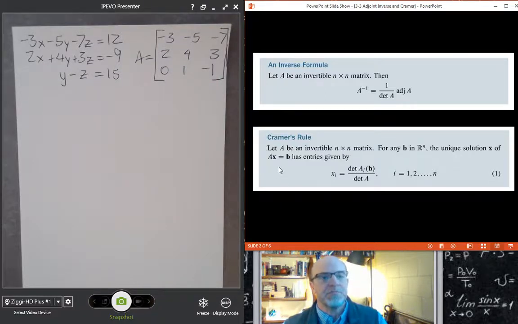And then Cramer's rule says this: if you've got matrix A that's invertible and AX equals B, then you can solve for each one of the values in the vector x, like x1, x2, x3, by replacing, and this is not obvious in the definition here on the screen, but you can calculate the value of x1, x2, x3 by replacing, for x1, replacing column 1 with B, for x2 replacing column 2 with B, and x3 replacing column 3 with B, and so on.